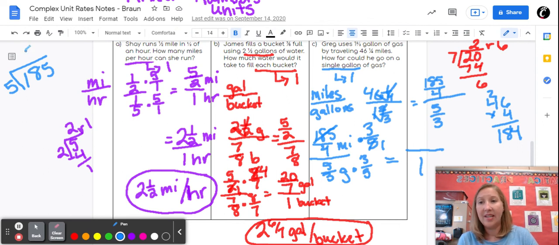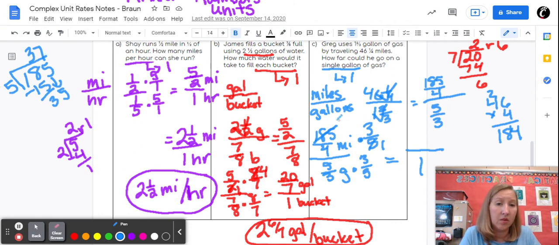5 goes into 18 3 times. When we subtract, we have 3. We bring down our 5, and 5 goes into 35 7 times. So this is going to simplify to 37. So now what I'm looking at is 37 times 3.